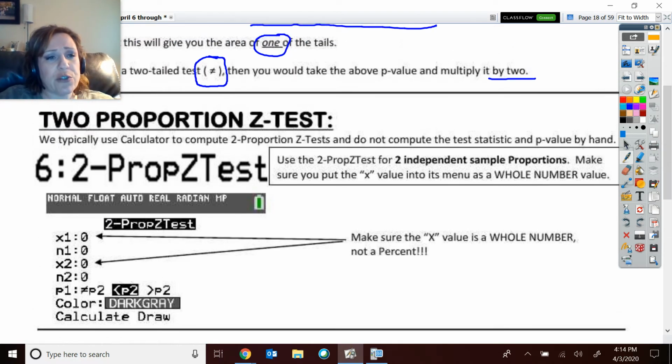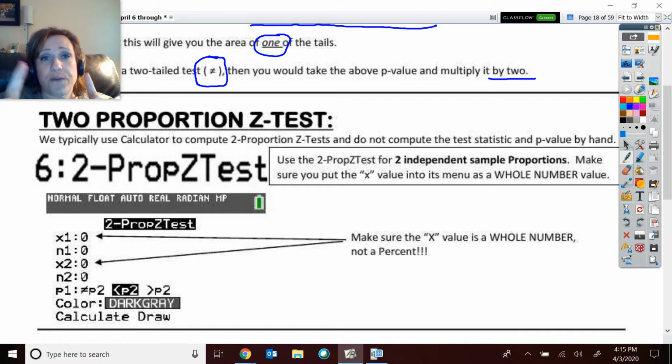Then we talk about the conclusions. So for the two proportion tests, I've never made you do this by hand. We've looked at some things to recognize the formula for those, just in case it was a multiple choice question. But for us, we've always computed them with our calculator, and so we've always used this two proportion z-test.